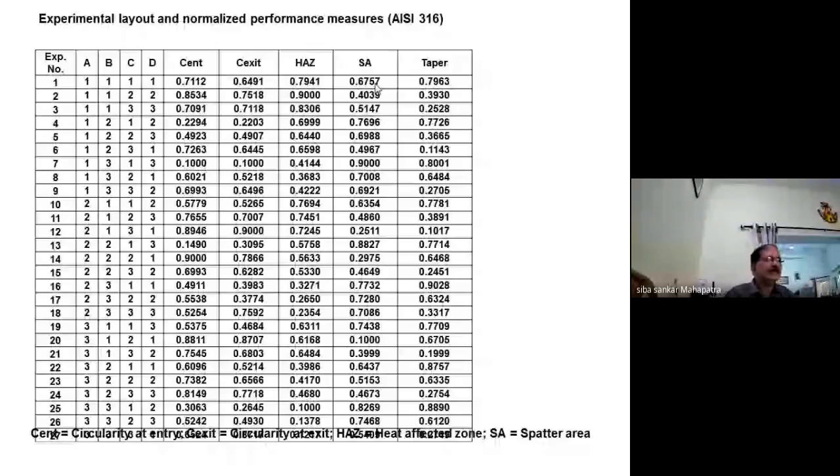That is what we call the spatter area. Then taper, whether you are getting a concentric hole or not, you can measure by the taper. So 5 outputs have been considered.